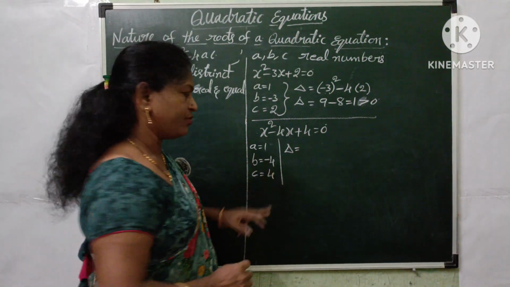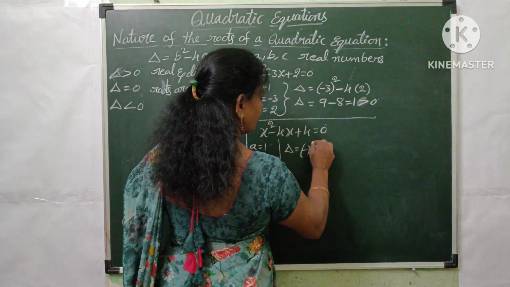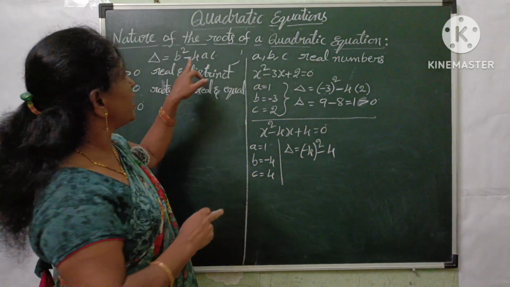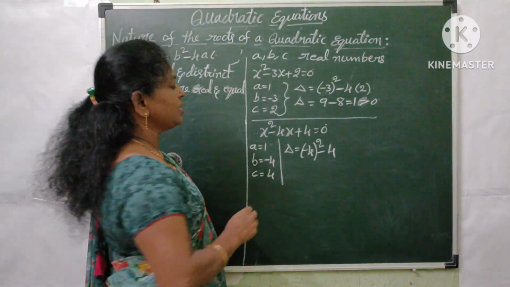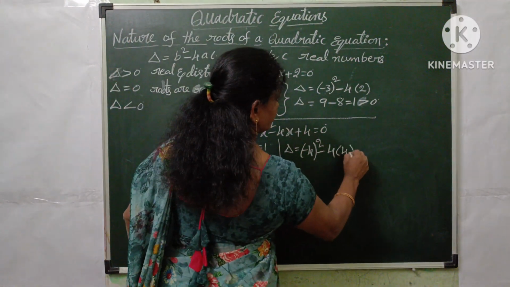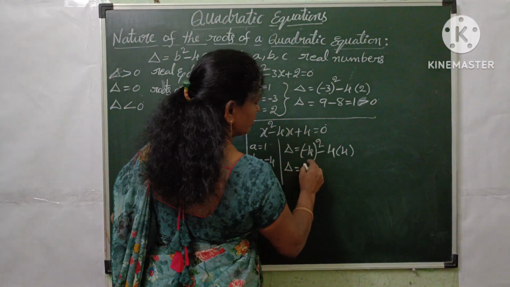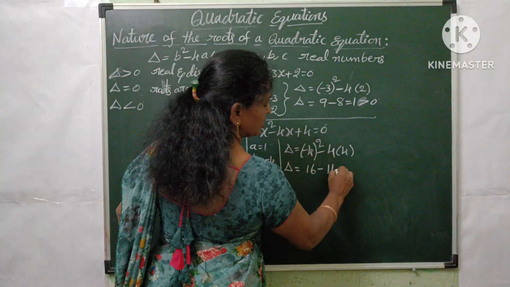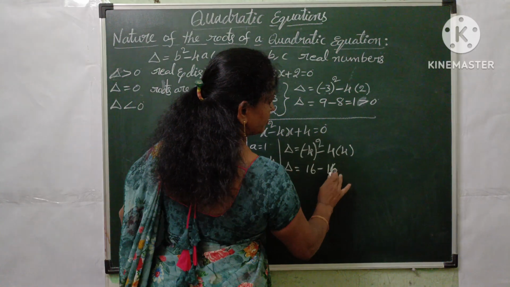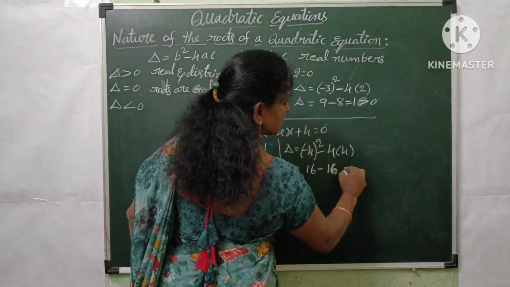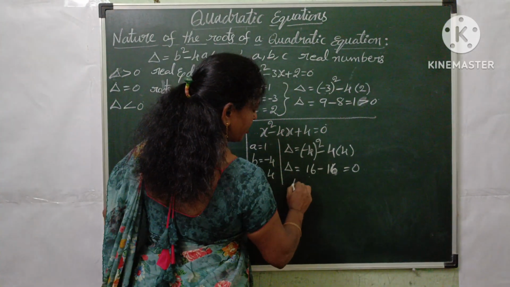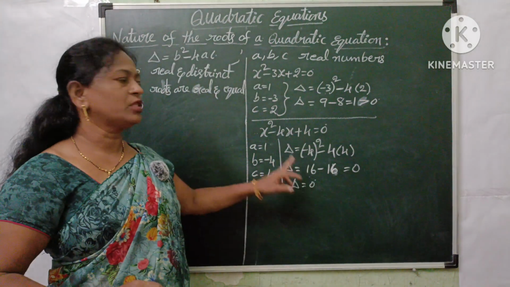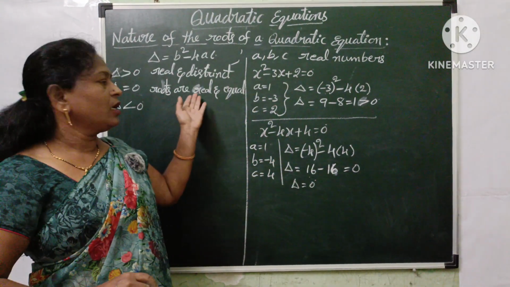B is minus 4, so minus 4 whole square minus 4 into a, which is 1, and c, which is 4. That is delta equal to 4 4s are 16 minus 4 4s are 16. So 16 minus 16 equal to 0. Therefore, delta equal to 0. When the delta equal to 0, the roots are real and equal.